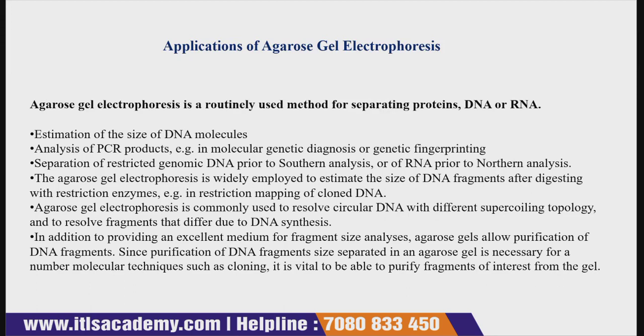It is commonly used to resolve circular DNA with different supercoiling topology, and to resolve fragments that differ due to DNA synthesis. In addition to providing an excellent medium for fragment size analysis, agarose gel allows purification of DNA fragments.